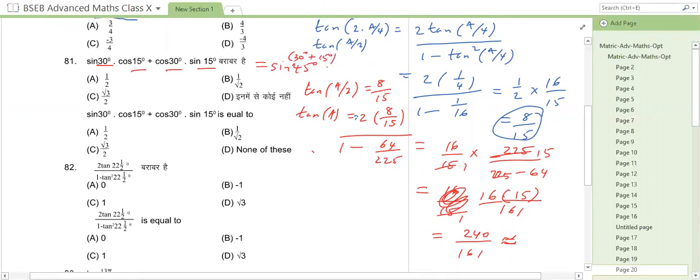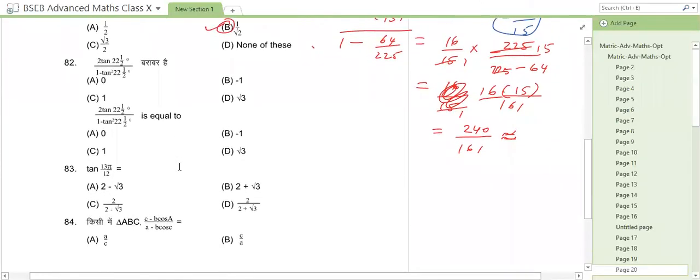Sine of 45 is 1 over root 2, so option B. We can see this next one is clearly equal to tan double angle, tan of 2 times 22.5 degrees, which is tan 45, which is 1.